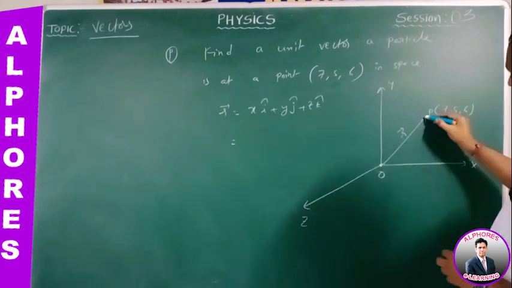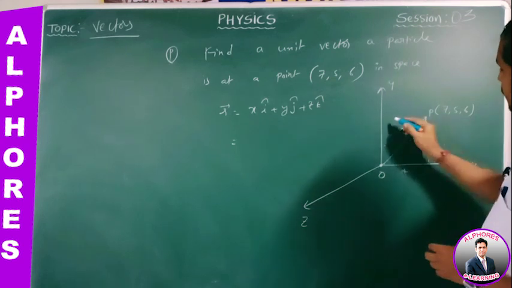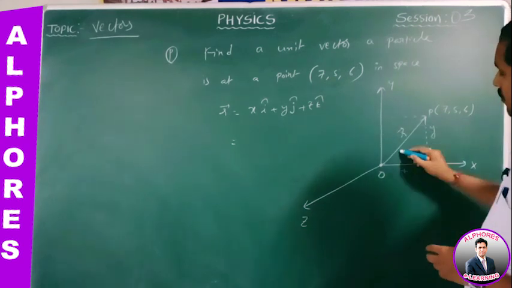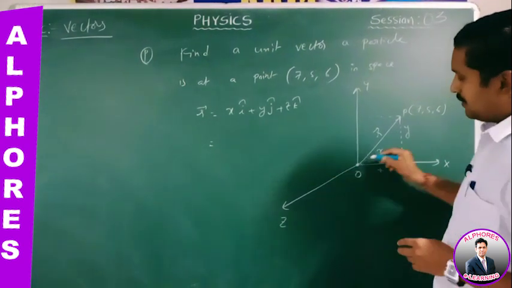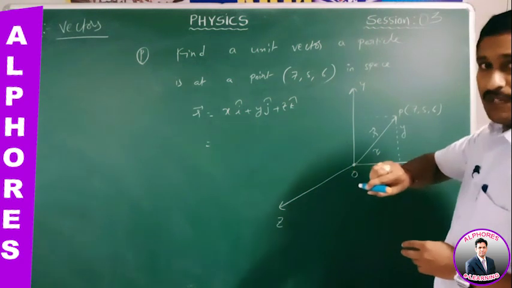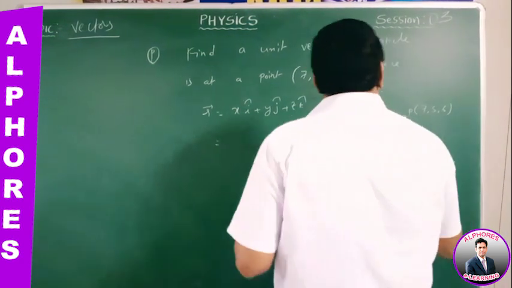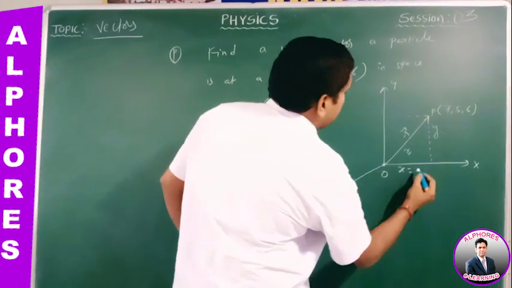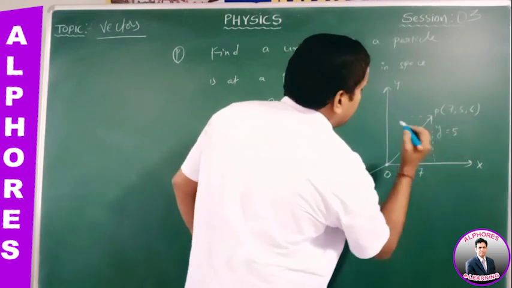Now, what is the x coordinate of this point? This is x. What is the y coordinate? This is y. And the z coordinate is z, which is along the z axis, because the z axis is perpendicular to the plane of the board. That's why I am taking it this way. As per the given point, x is equal to 7, y is equal to 5, and z is equal to 6.